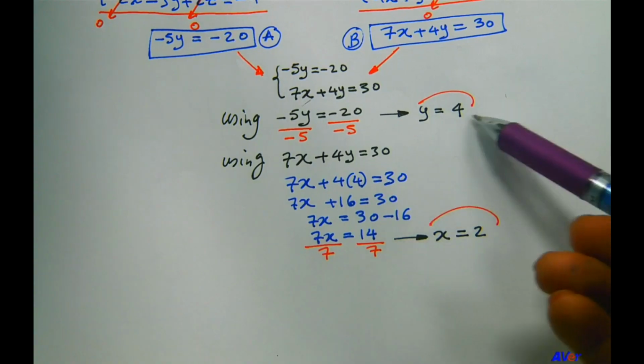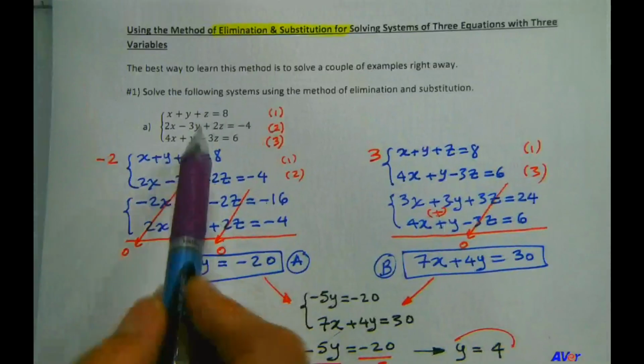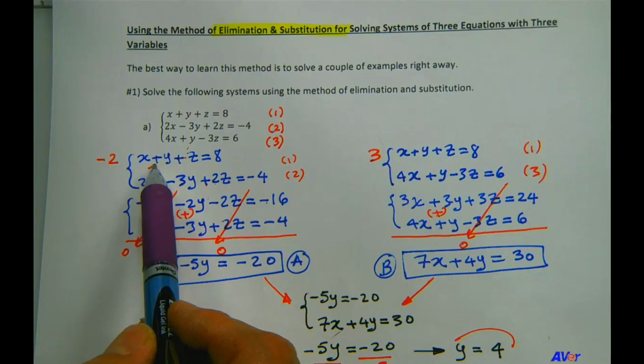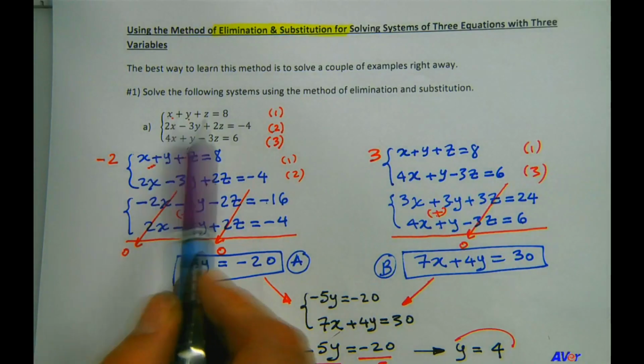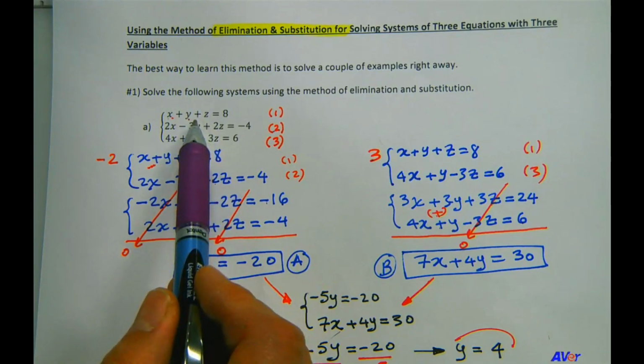Great, so y equals 4 and x equals 2. How do we find z? Very easily. We can pick any of the original equations that has all 3 variables in it, plug in for x and y, and solve for z. I'm going to pick the first one because it's the easiest of the 3.